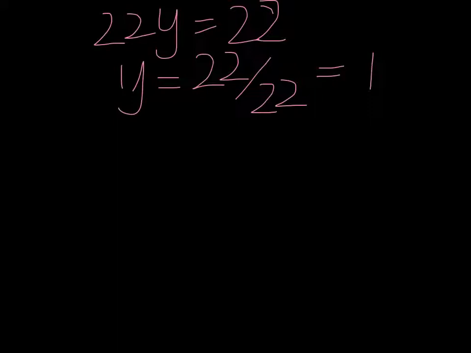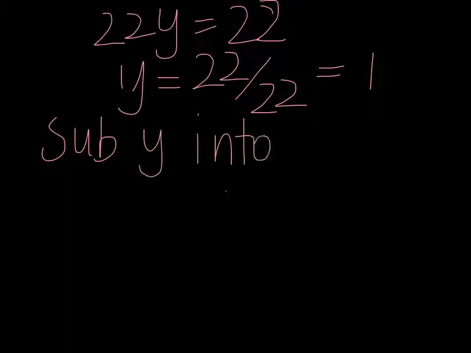We're now going to sub our y value of 1 into one of the other equations. I'm going to sub it into the first equation. You should write a little instruction with your working. So we'll sub y into equation 1.